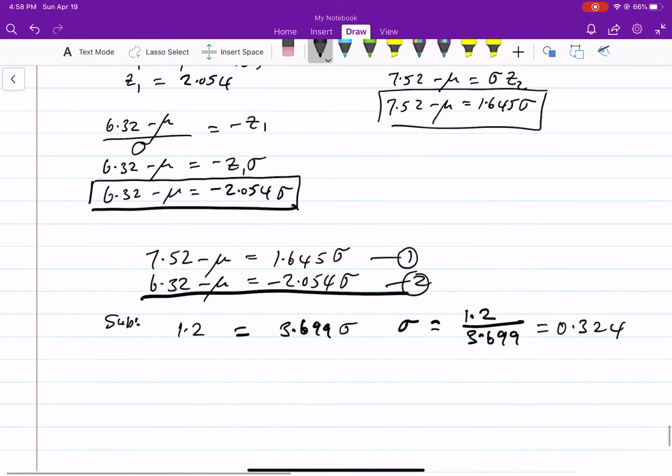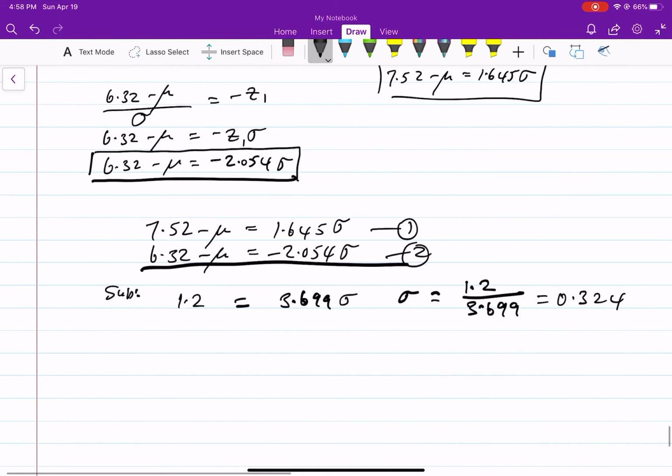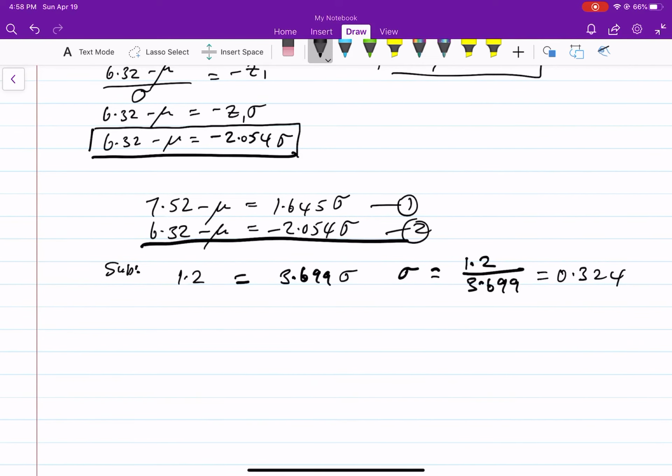And now that I have sigma, I can go back and find mu. Just take sigma and plug it into either one. Let's see, for the first one, make mu the subject.